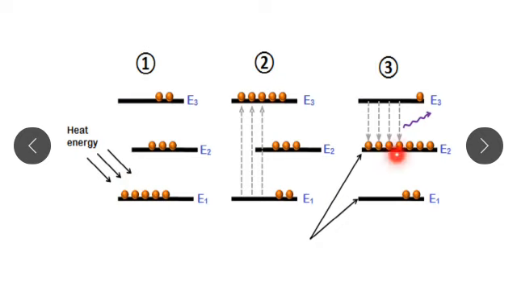Then there is a transition from E3 to E2, and this is called the metastable excited state. Before completion of lifetime, if another photon is incident, then there is a transition between that incident photon and these excited atoms, and due to that two photons having the same frequency, same wavelength and same direction are emitted, and that is called a laser.